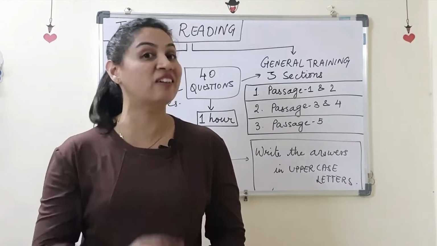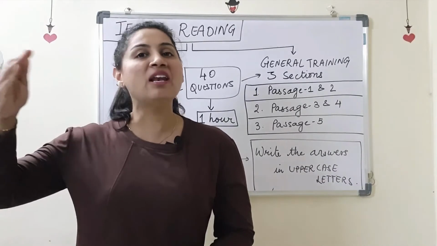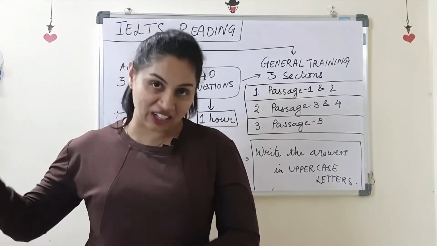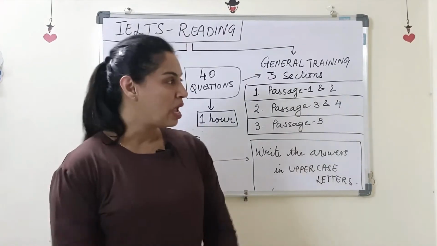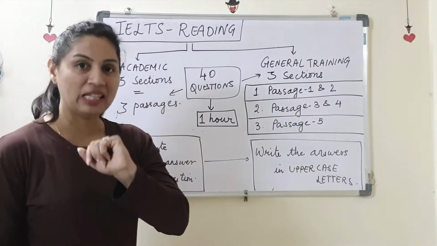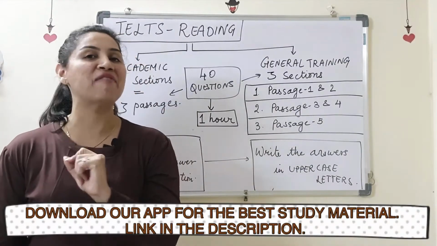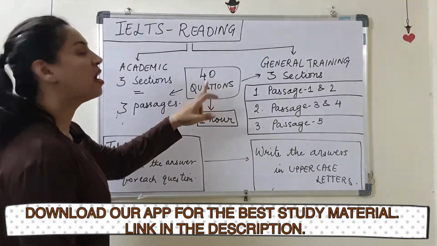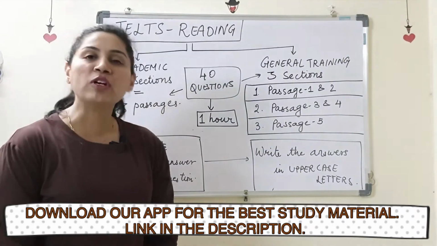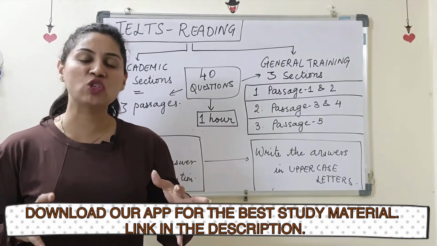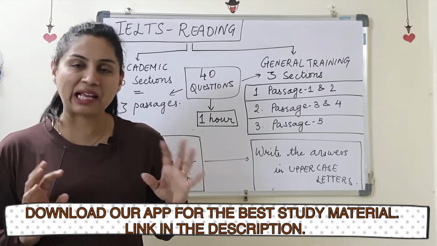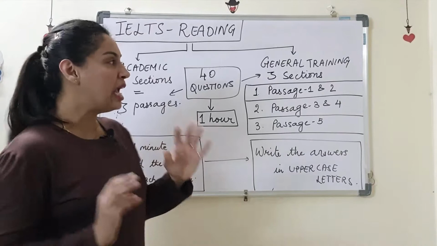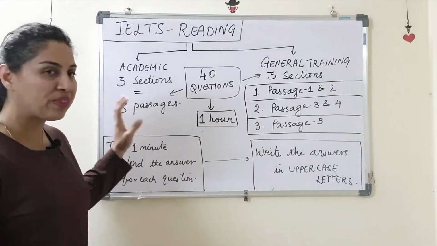The number of answers we find correctly determines our bands. The total number of questions in IELTS reading is 40, which are properly categorized in different sections.